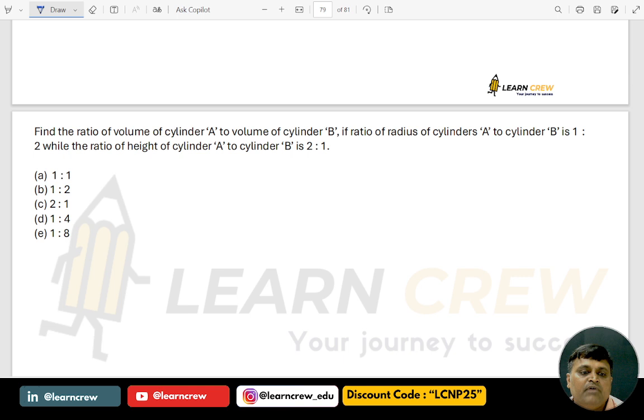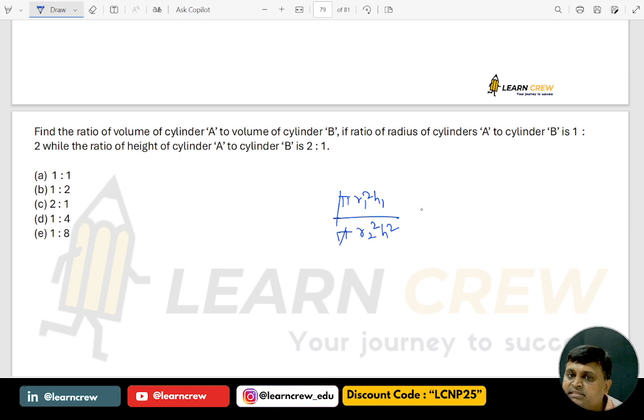Find the ratio of volume of cylinder A to volume of cylinder B if the radius of cylinder A to cylinder B is 1:2, while the ratio of the heights is 2:1. So it is very simple. Radius is given as 1:2. So pi r1 square h1 by pi r2 square h2.